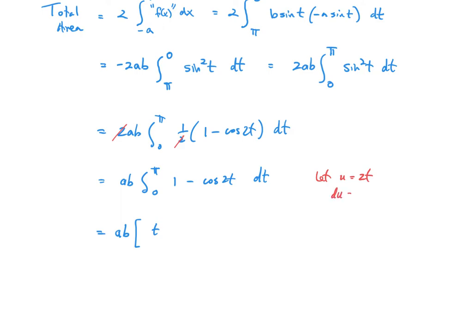This means du is equal to 2 dt, or dt is equal to 1/2 du. So when we make our substitution, we're going to have this extra factor of 1/2 out in front. Okay, so when I find the antiderivative of this, we're going to have negative 1/2 sine of u, but my u was 2t, so I'm going to put the 2t back here. And then we're just going to integrate this as we go from 0 to pi.